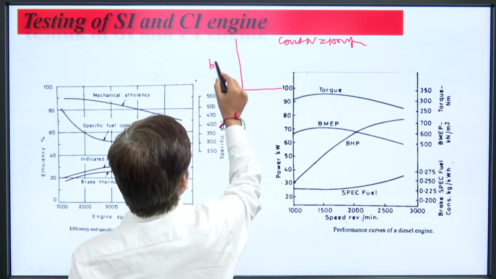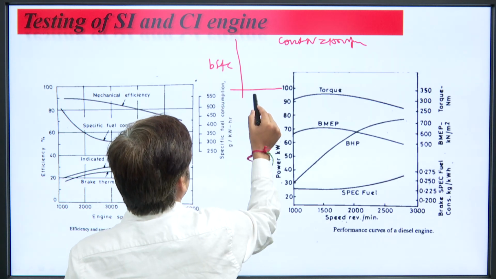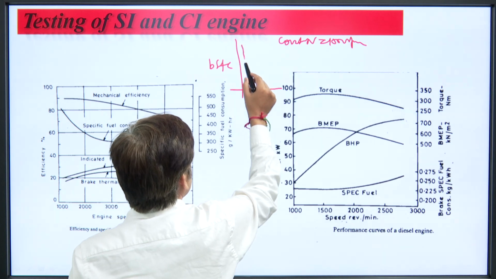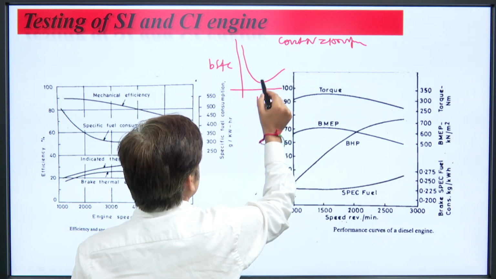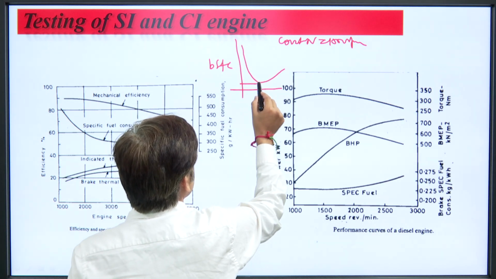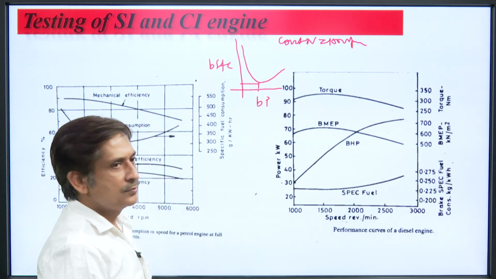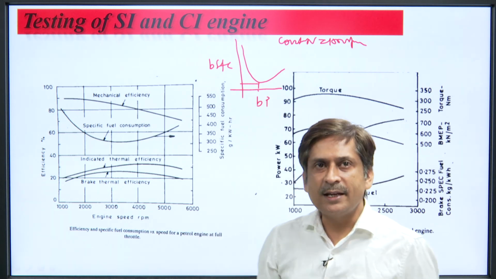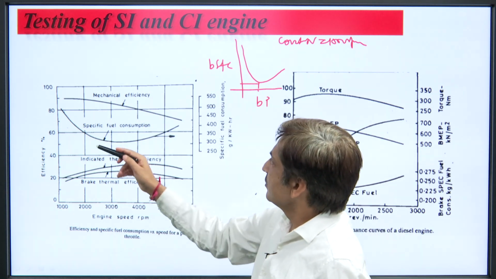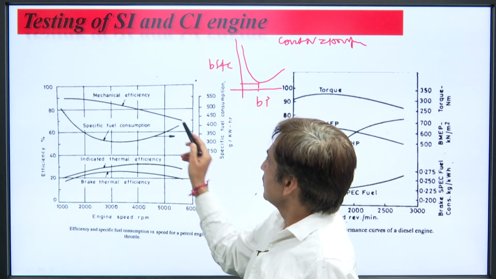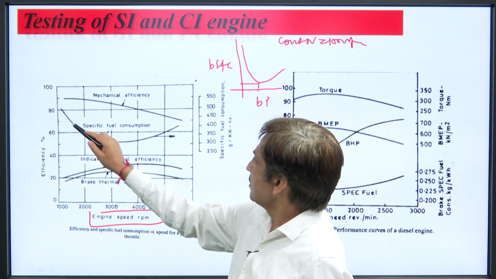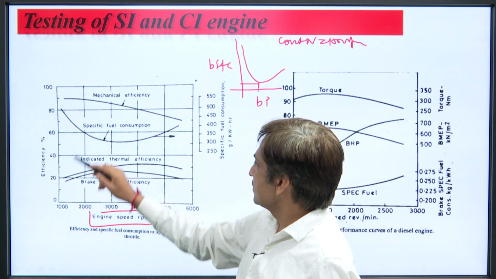So, the brake specific fuel consumption versus brake power is like this. Similarly, the mechanical efficiency can be measured like this. This is for a variable speed type of engine. Specific fuel consumption nature is like this.